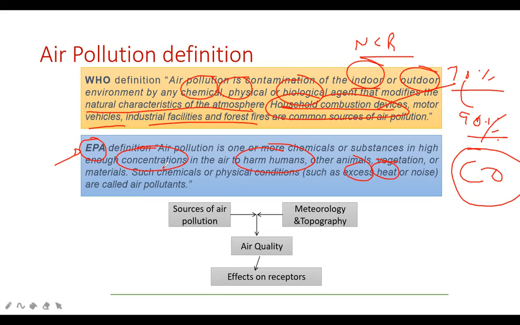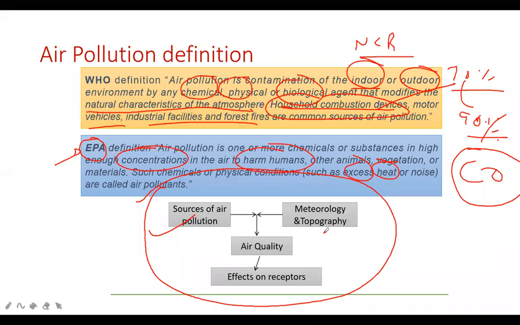So what are these air pollutants, what are their consequences, and how can we mitigate them? I will discuss that in detail in coming slides or lectures. This is what you need to study overall when talking about air pollution. You need to first identify the sources of air pollution, then the meteorological and topography factors that affect it.